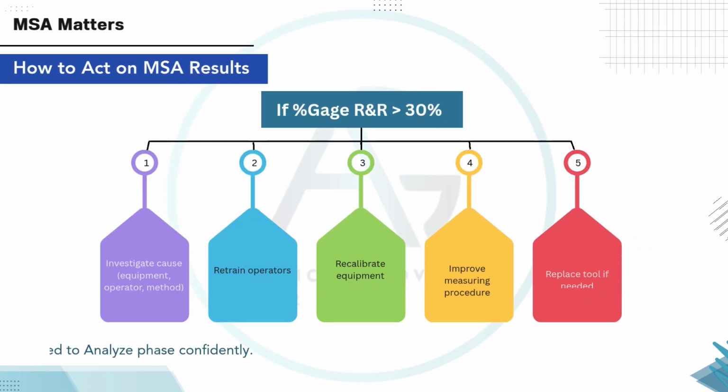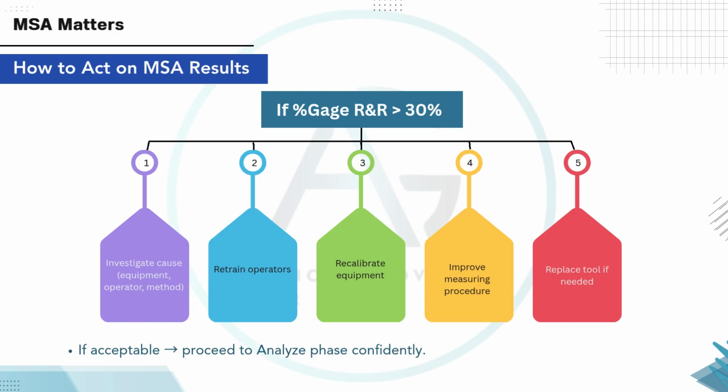This slide guides us on what to do when our measurement system analysis shows a poor result, specifically when the percent gauge R&R is greater than 30%. A gauge R&R value above 30% indicates that the measurement system is contributing significant variation, which is unacceptable.